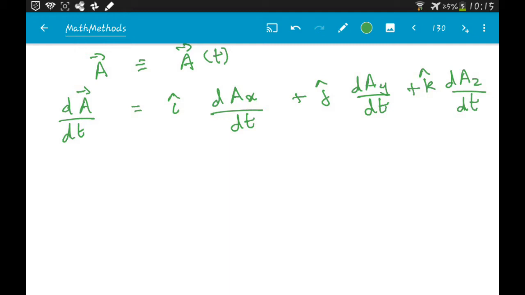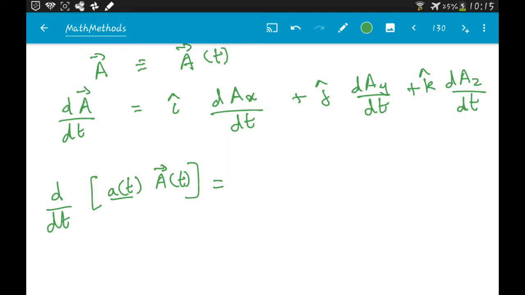Now let's say you want to differentiate a small a of t, which is a function of time, times the vector capital A of t. So this will again follow the normal chain rule, right? You will first differentiate this keeping the other constant, and then the other way around.